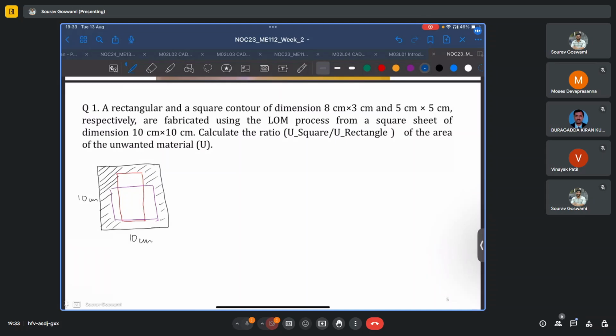So let us do it. Let us first calculate the unwanted material for the rectangle. The area of the desirable region in this case is 8 into 3 centimeter square, which is 24 centimeter square.